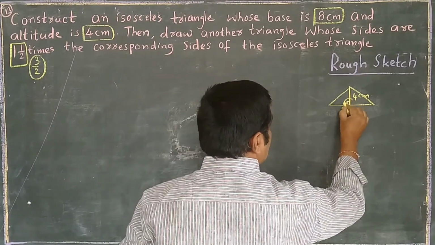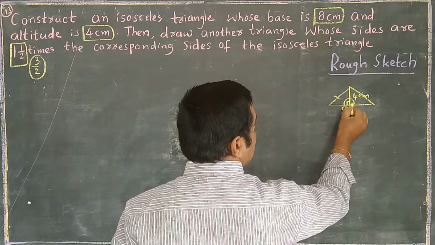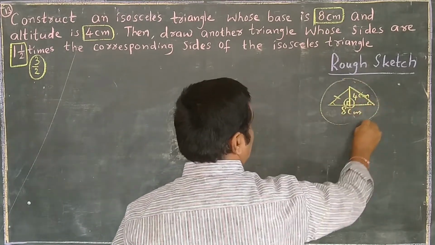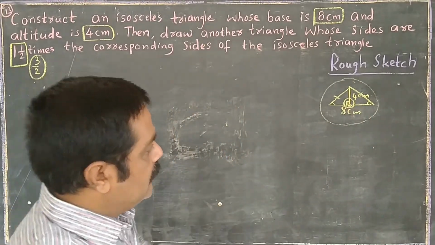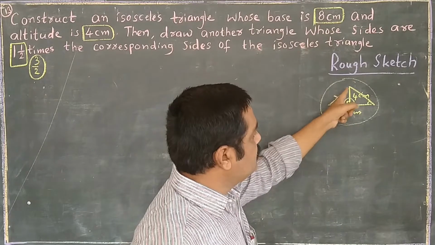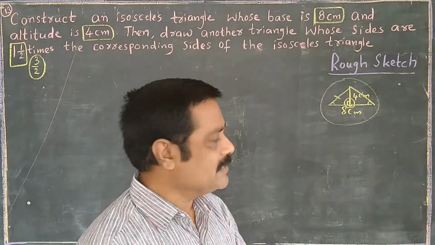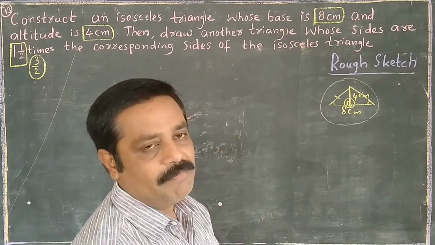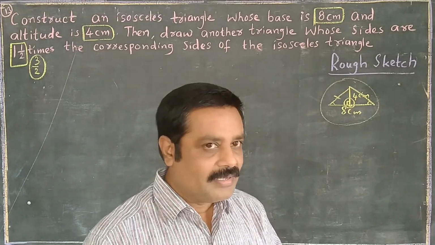In an isosceles triangle, if two sides are equal, then the two angles are also equal, and the midpoint of the base forms a right angle. So how to construct it? Very simple: draw the perpendicular bisector of the base, and then we can easily construct the triangle.